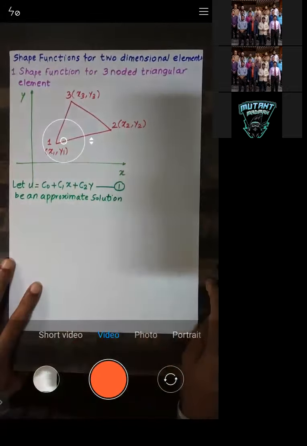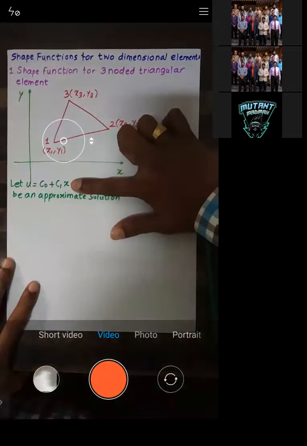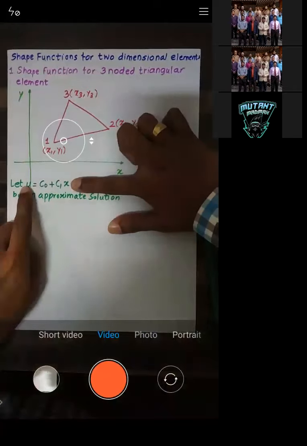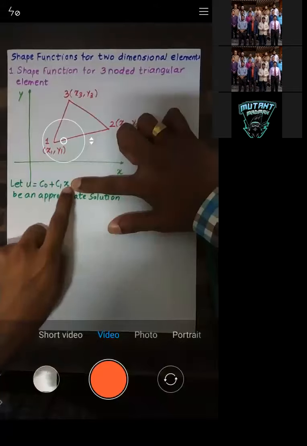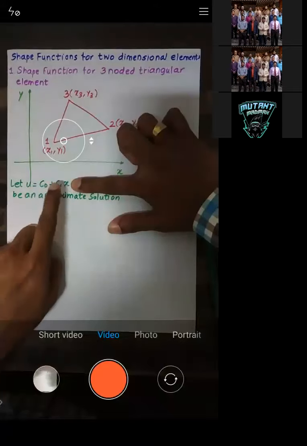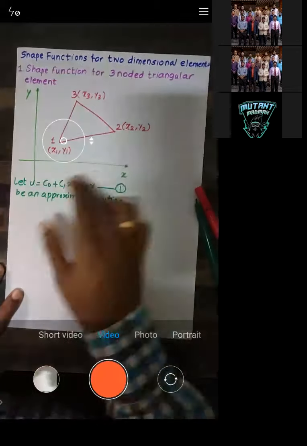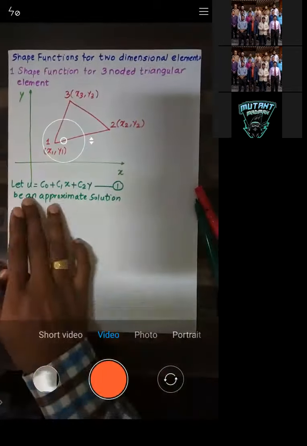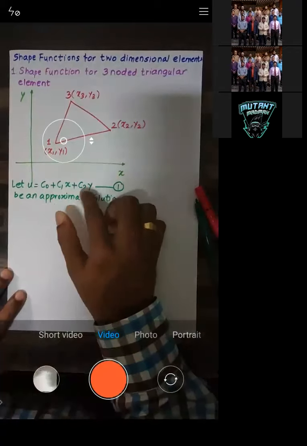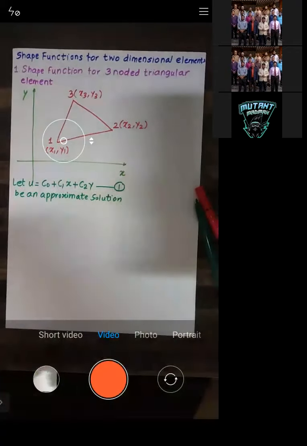When you write only this much, it is for 1-dimensional, the line element, where the equation is y equals mx plus c. But this is now a triangle, so we should consider its second dimension also, and that has been written by C2 into y.